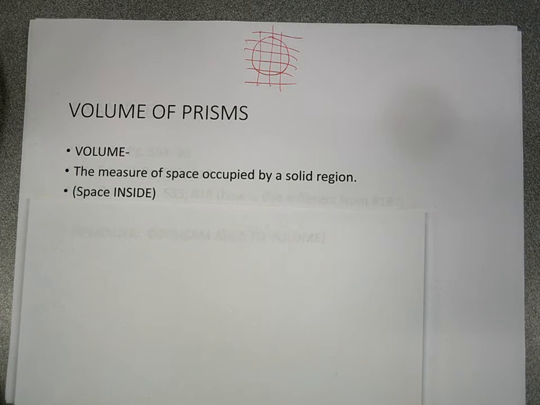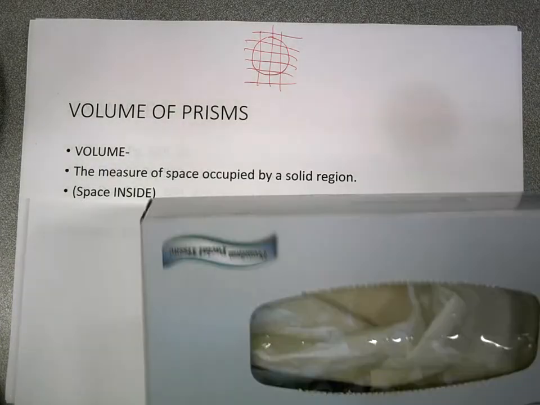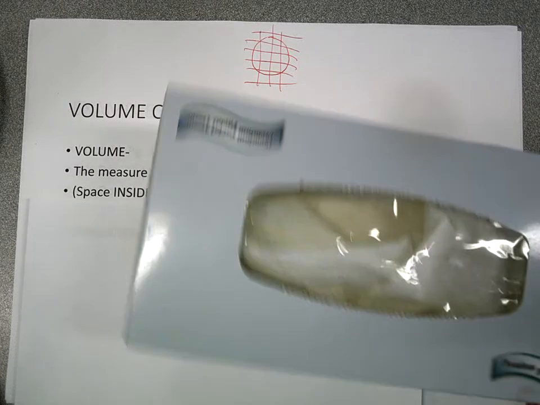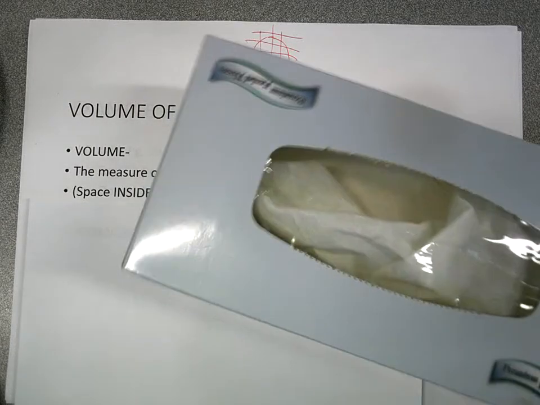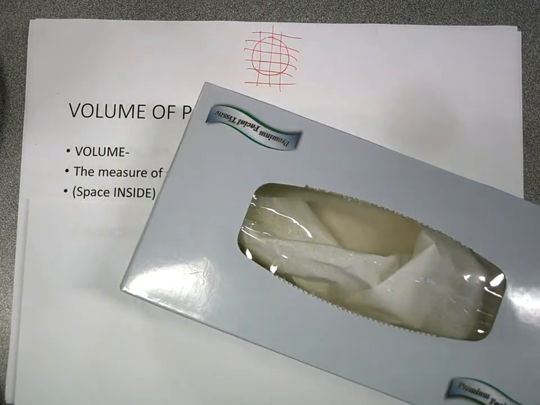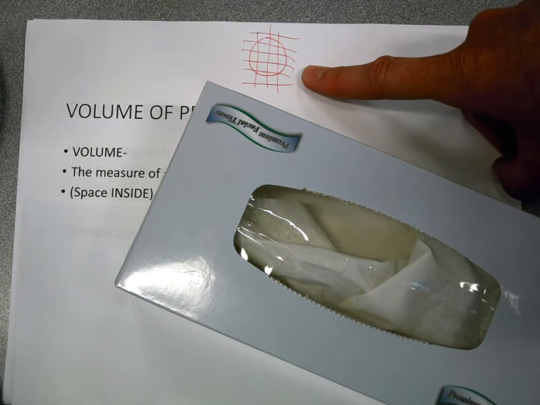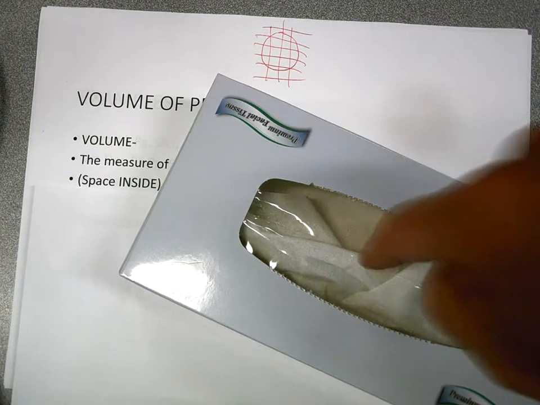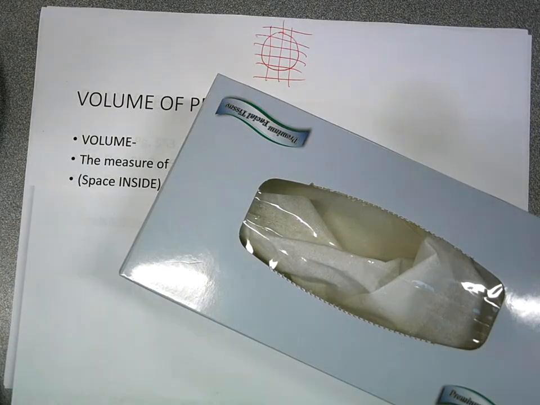Now, if we talk about the space inside, let's take this wonderful class Kleenex box, for example. If we take this Kleenex box, the problem is we cannot use these squares to find out how much space is inside. You actually need a tool that is also three-dimensional.